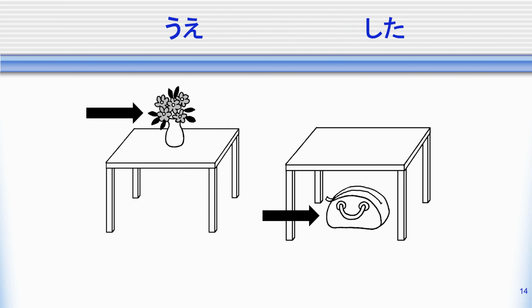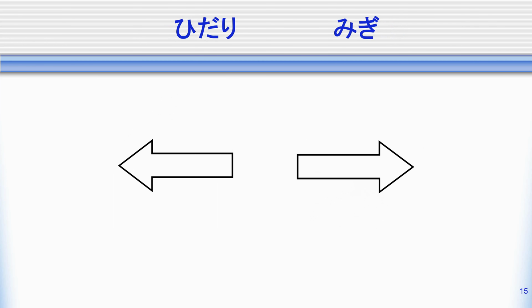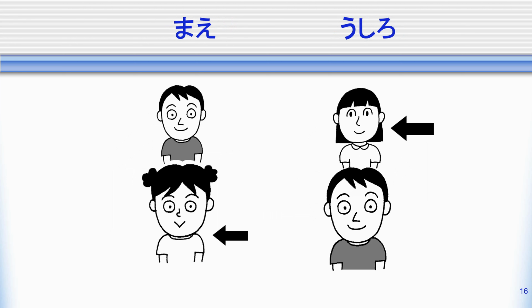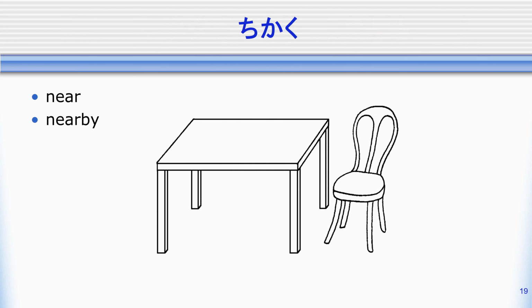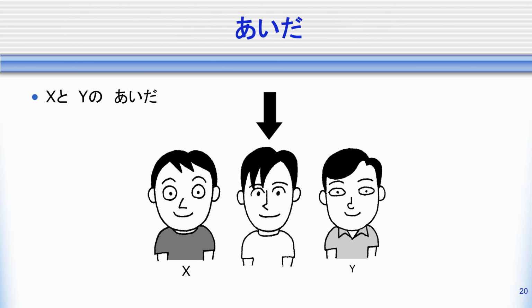So just to review, the location words we have so far are ue, shita, hidari, migi, mae, ushiro, tonari, chikaku. Our next location word is aida.